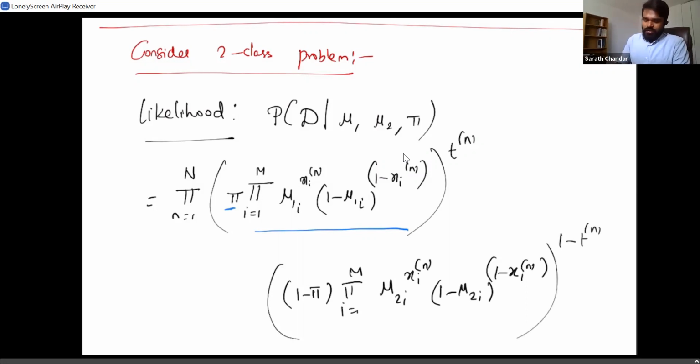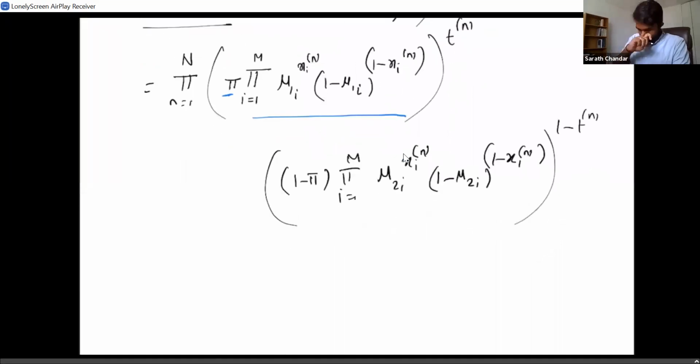Okay, so now this is a very complex equation to deal with. So let's just call this whole term x and this whole term y.